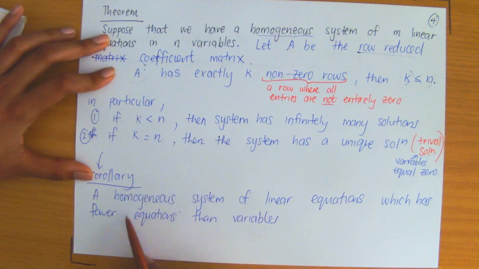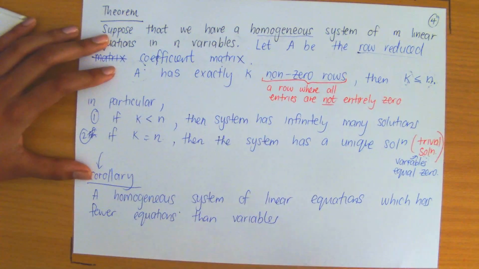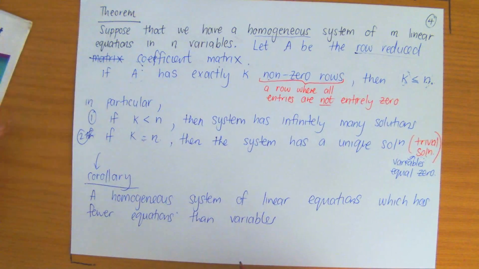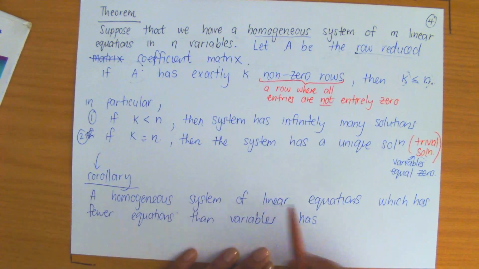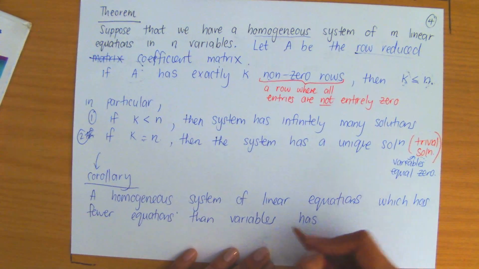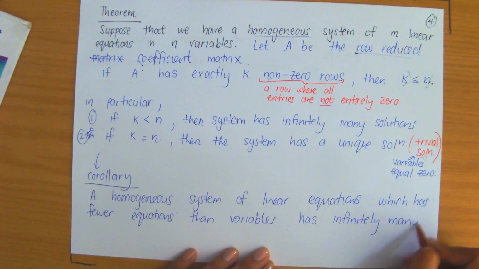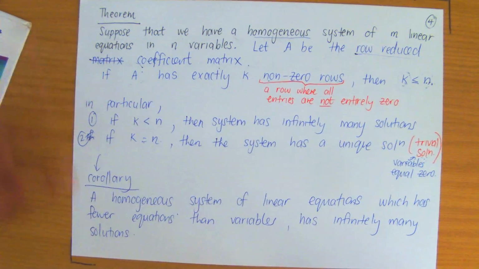So the number of equations is like your k and the number of variables is like n, as I was discussing. So if you have fewer equations than variables, then this homogeneous system has infinitely many solutions. And these results will come in handy when you're working with a homogeneous system and you are predicting what type of solution you are going to obtain.